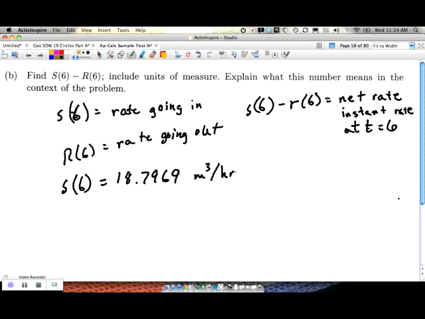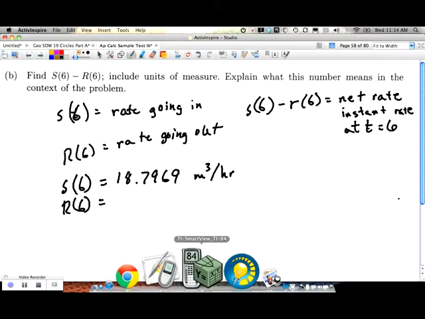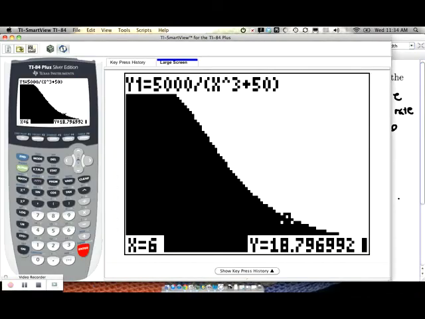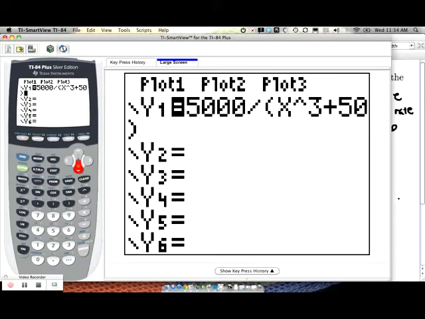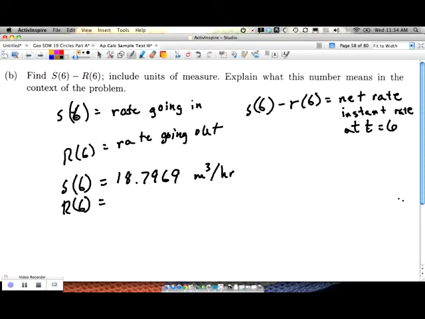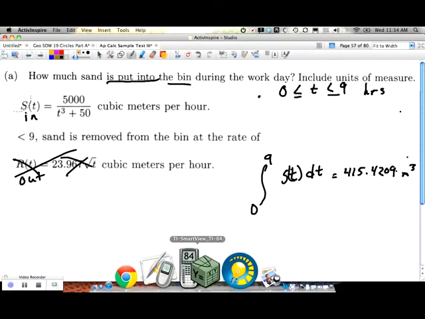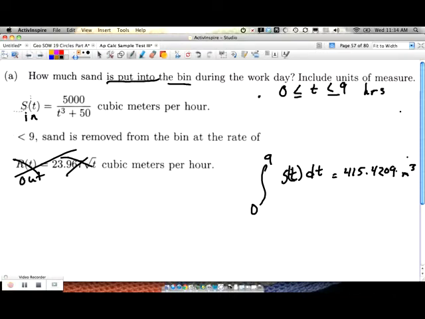R of 6 equals, so we've got to figure out R of 6. And to do that, we need to actually plug in R. So let's plug in R right here. R of 6, that function, I need to go back and check what it is real quick. It's kind of hard to see it there. Let's erase that. It's 23.967 square root of t.